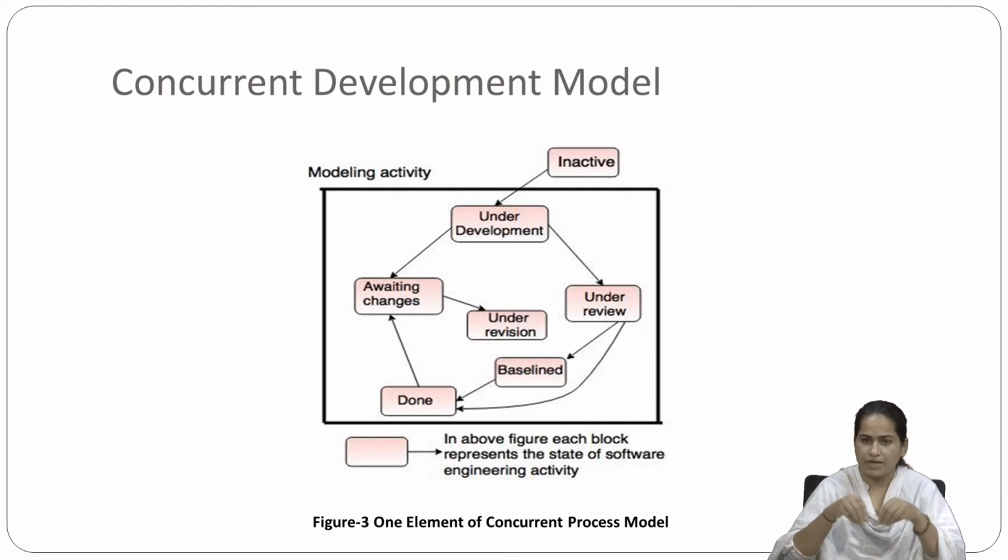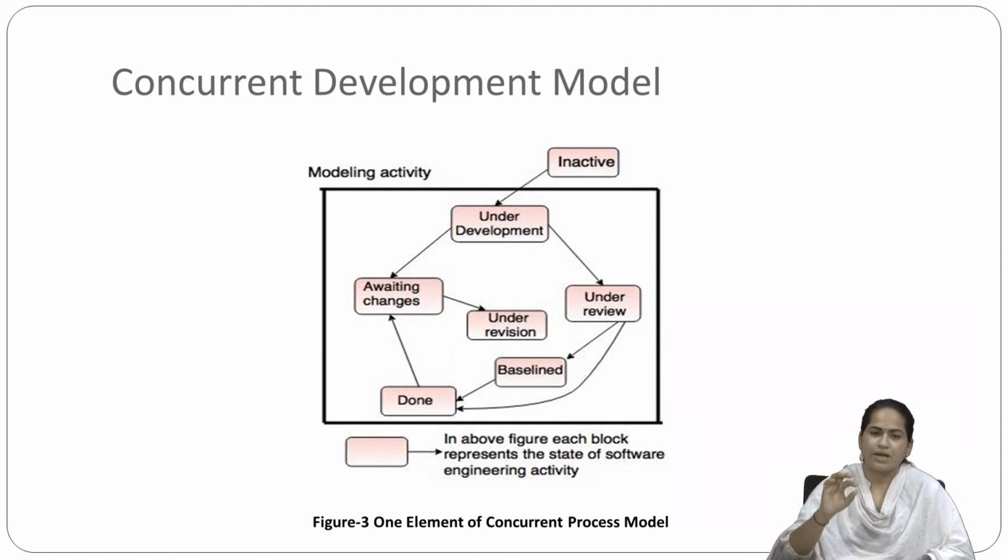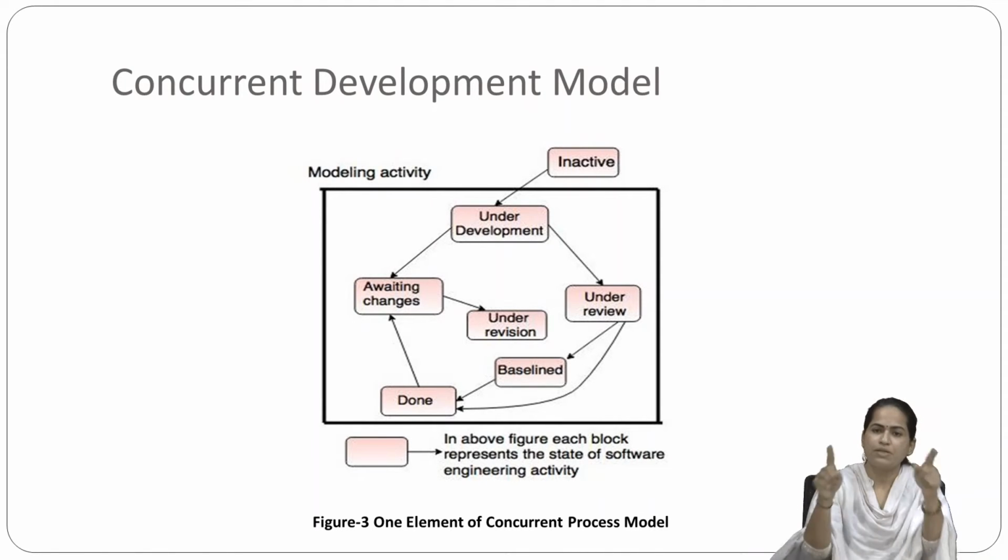After completing all these tasks, the next task will be done. On completion of that done task, we will have the completion of this whole activity, called the modeling activity here.